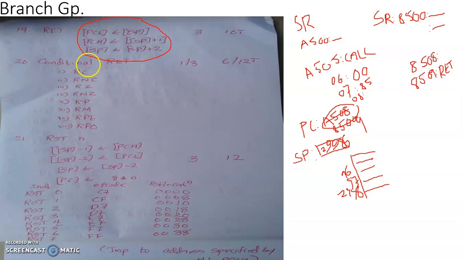Upon fetching the opcode of this instruction, the processor will check whether the condition is satisfied or not. In order to check this, it will spend an additional 2 consecutive T states. To fetch the instruction, we know it spends 4 consecutive T states.